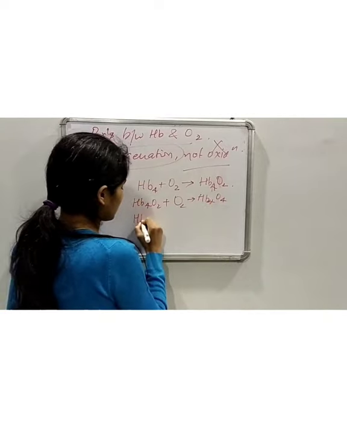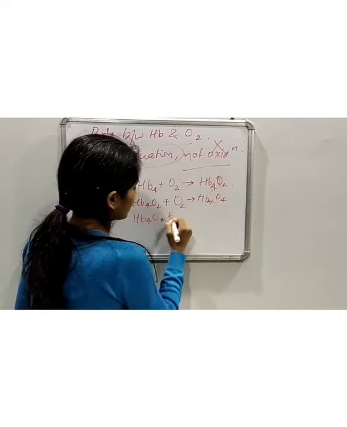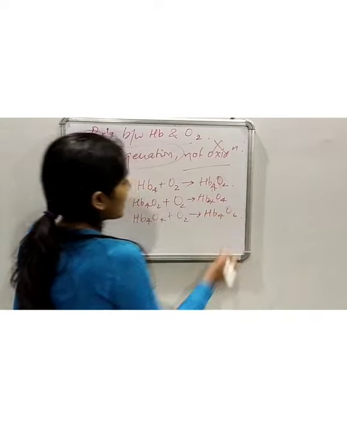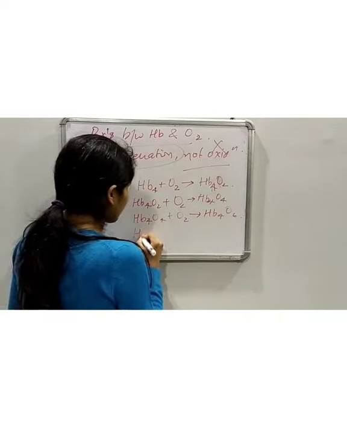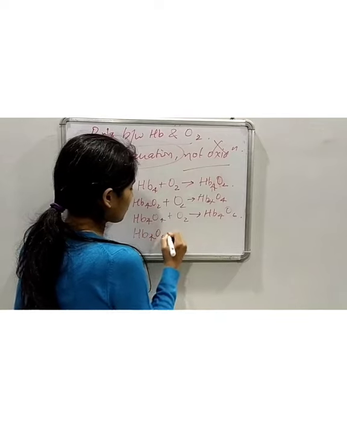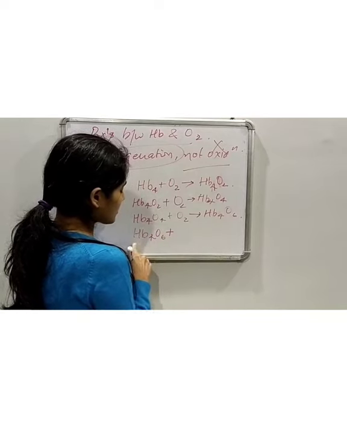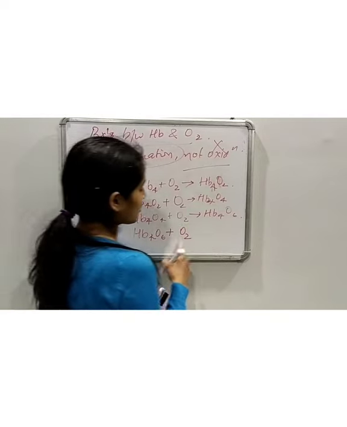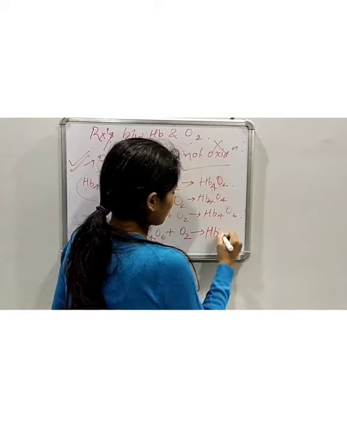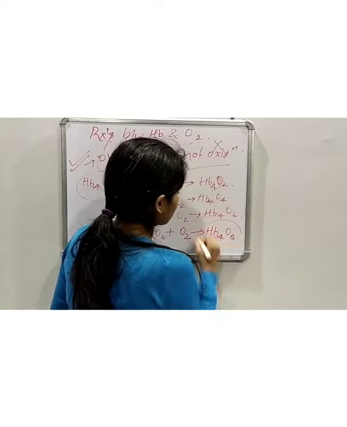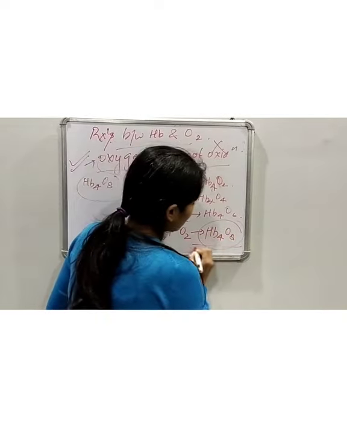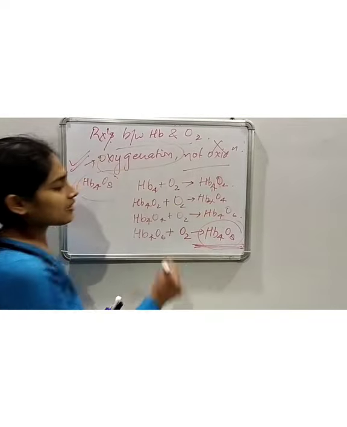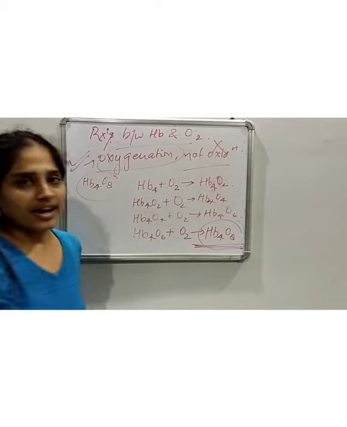Then again this Hb4O4 binds with another molecule of oxygen and forms Hb4O6, and in the end this Hb4O6 binds to another molecule of oxygen and forms Hb4O8, and then the oxygen is transported with hemoglobin in the form of Hb4O8.